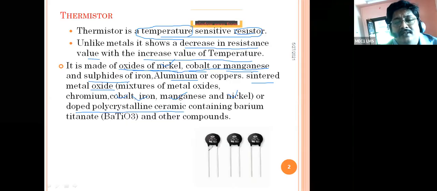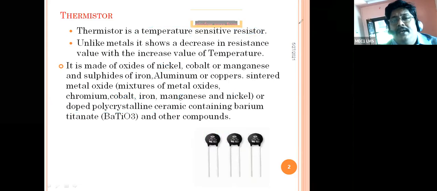If you observe, this is a thermistor. It's a very, very sensitive element. We can also call it a temperature sensitive resistor. It measures temperature from minus values also, which is another specific function of this thermistor.